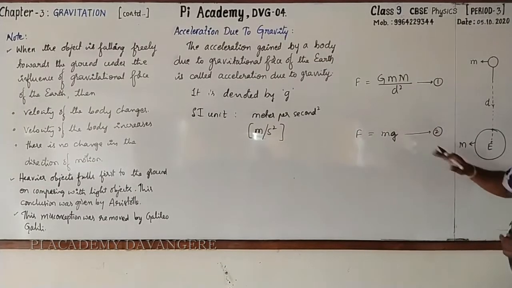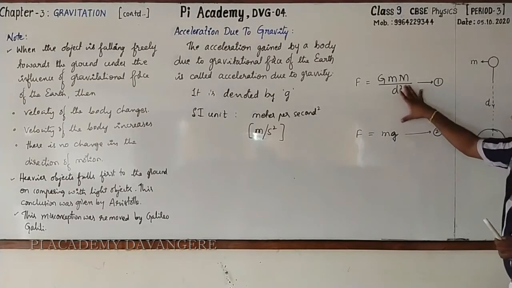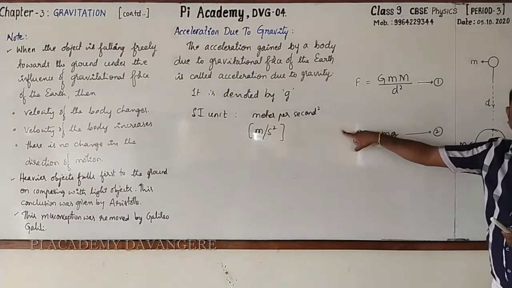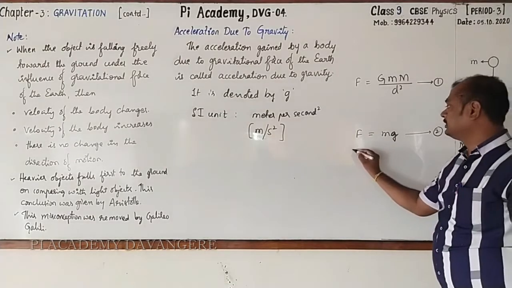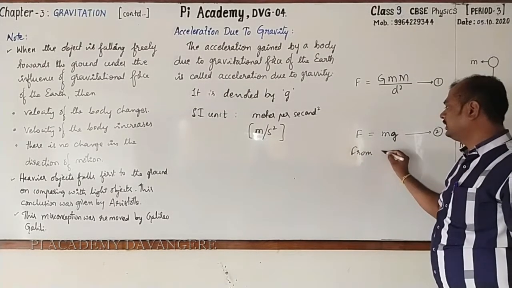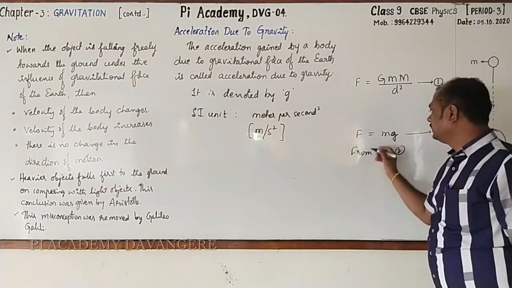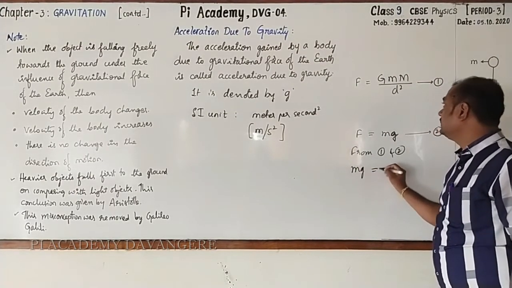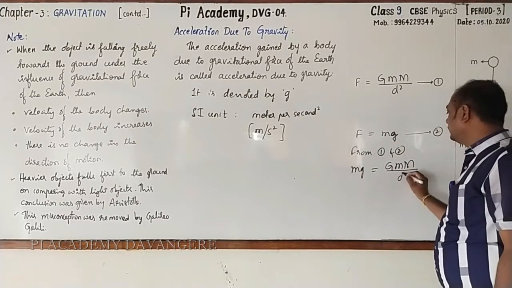Then observe both the equations. What do you say? These are two things which are equal to the same thing, F, so they are equal to one another. That is Euclid's axiom. Mathematically, directly from 1 and 2 we can write m g = G m M / d².